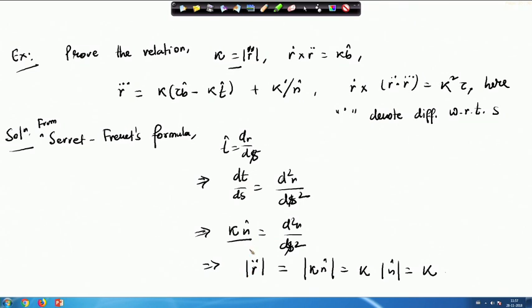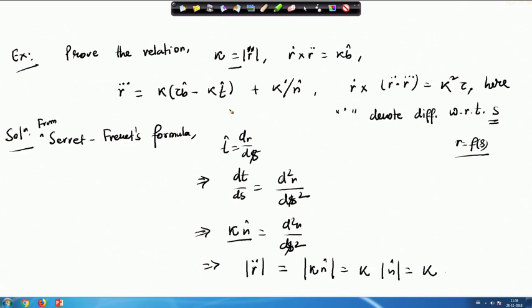Earlier the differentiation was with respect to the parameter t, but in this case the differentiation is with respect to the arc length s. Because we can also write the curve as r equals f(s), where s is the arc length, and then these derivatives are derivatives with respect to s, not with respect to t.